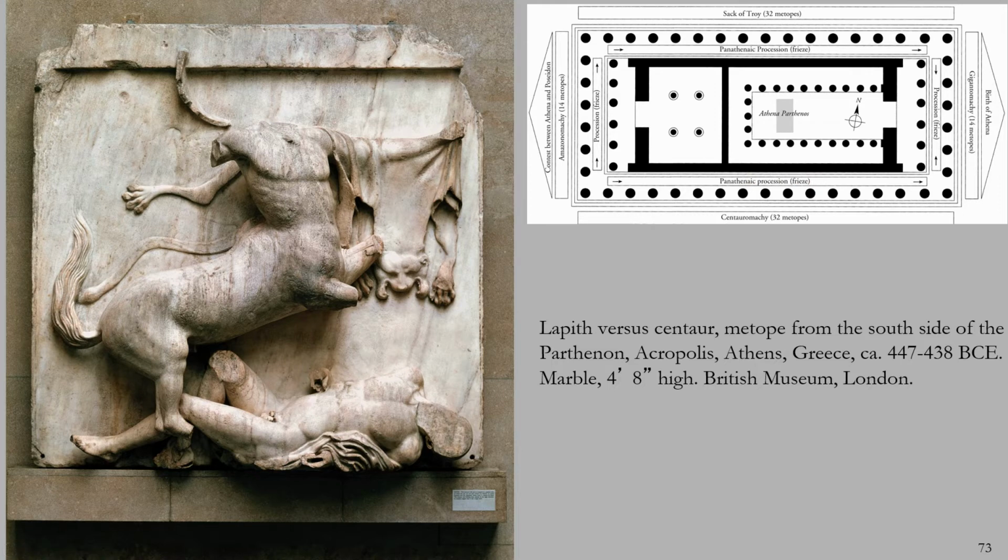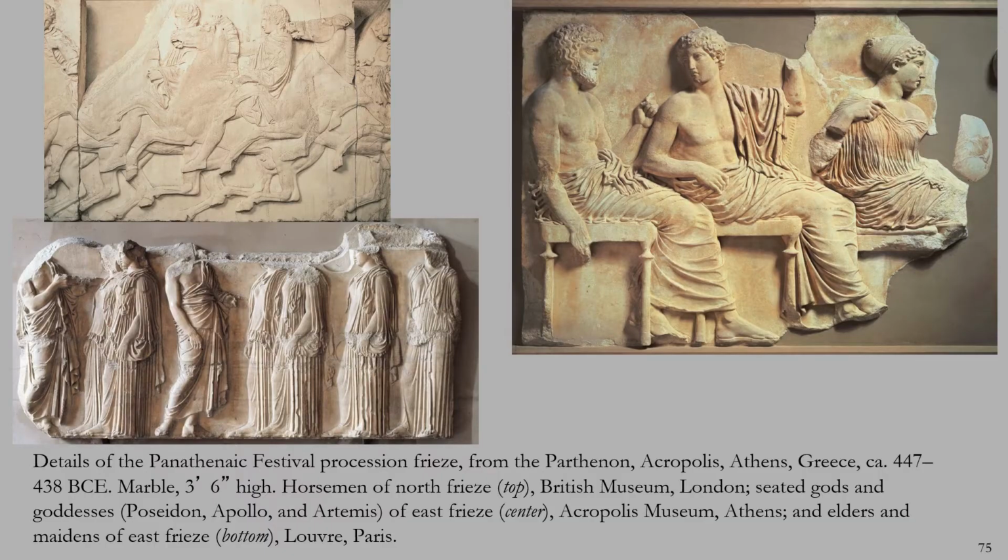It is a frieze, a band of relief sculpture that depicts, and these would have all been painted, of course, the members of the city of Athens participating in the Panathenaic festival. And so the real-life citizens, as they participated in this festival and walked up to the Acropolis and walked up to the Parthenon, would have seen themselves on the side of the building.